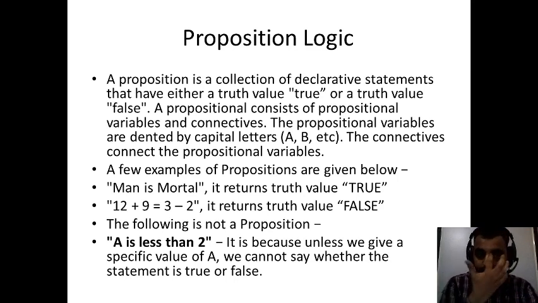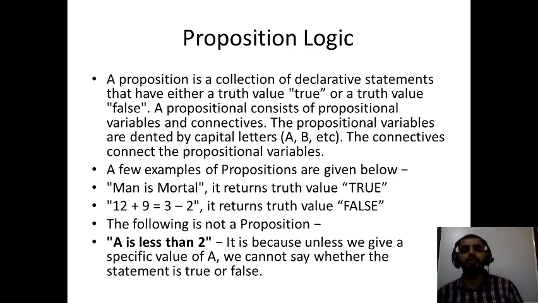A proposition is a collection of declarative statements that have either a true value or a false value. A proposition consists of propositional variables and connectives. The propositional variables are denoted by capital letters A and B, etc. The connectives connect the propositional variables.